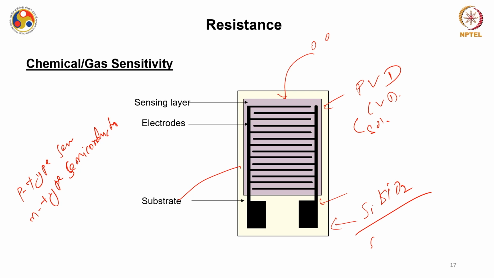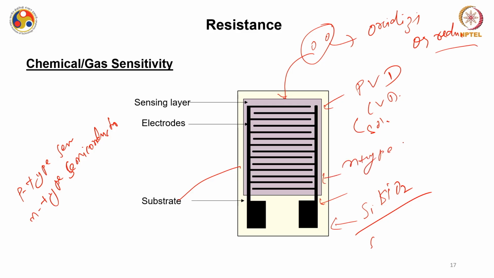Now these gas molecules can either be oxidizing or reducing in nature. So say I have a reducing gas, and my film is an n-type material.